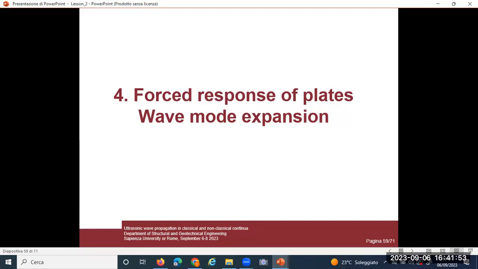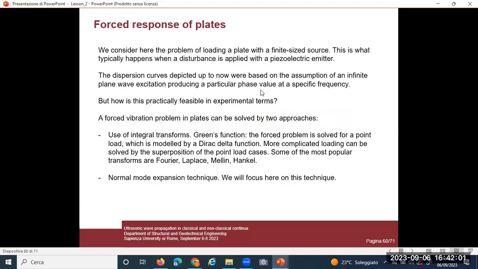The last subject concerns the forced response of plates using the wave mode expansion. Because up to now we have considered free wave response.